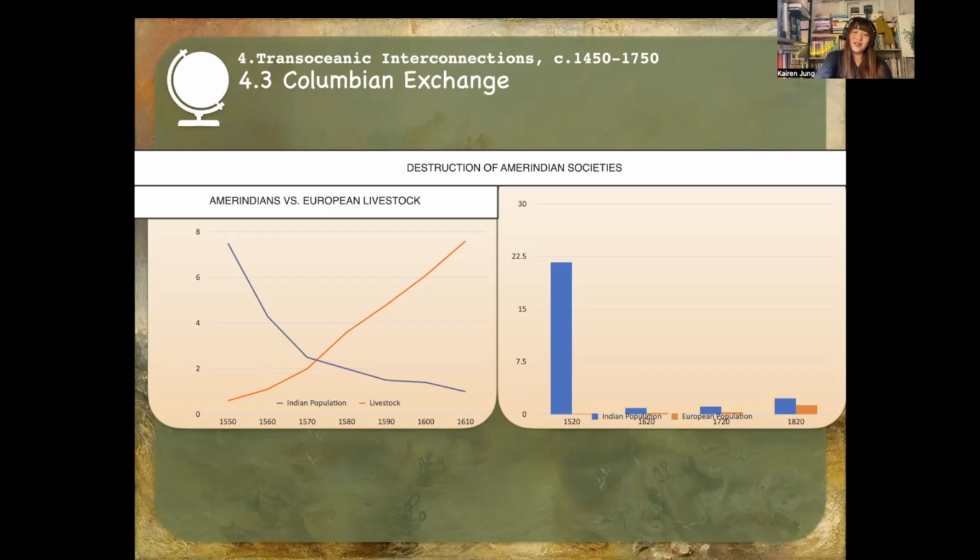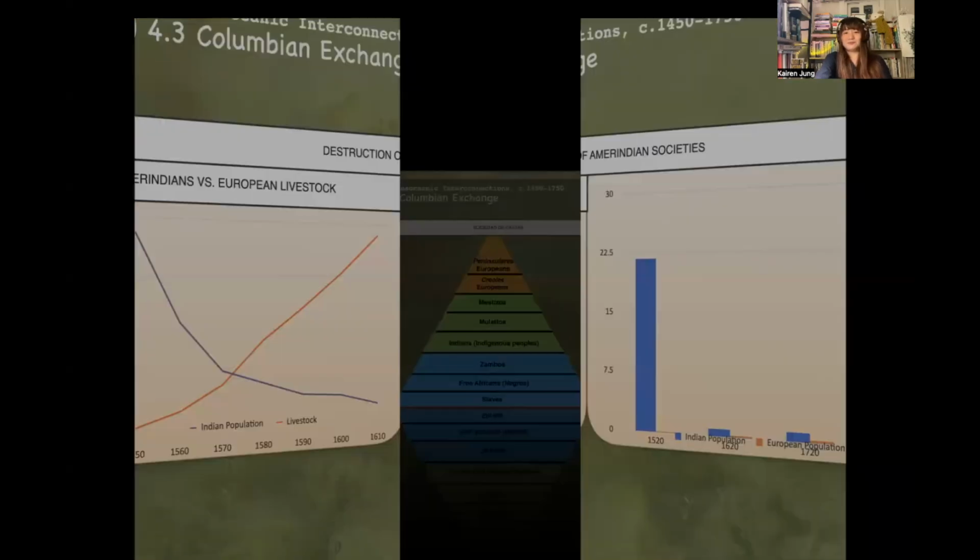And so effectively, the people of the Americas were replaced by the animals of the so-called Old World. And to the right is also a chart depicting how the Indian population was essentially wiped out, and the European population was steadily brought in to supplant them.